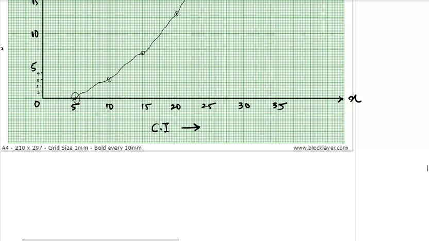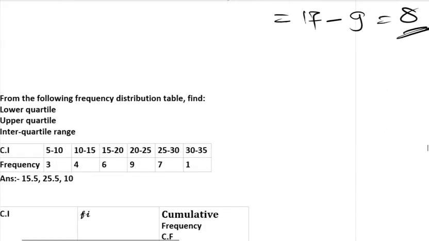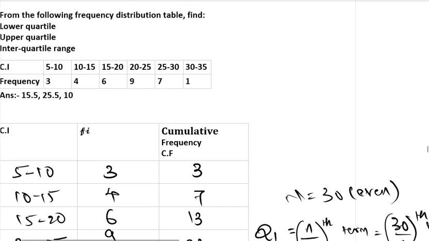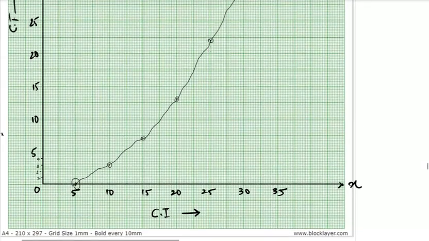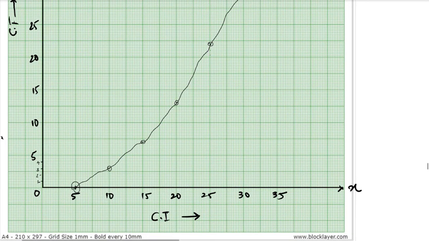Now, see, the question gives the class intervals and the frequencies. The frequencies are the number of terms, cumulative frequency, sorry. So on the y-axis, that 7.5th term will exist somewhere.